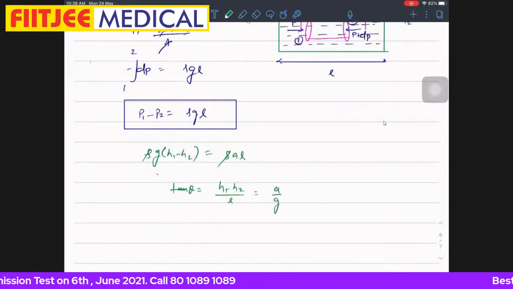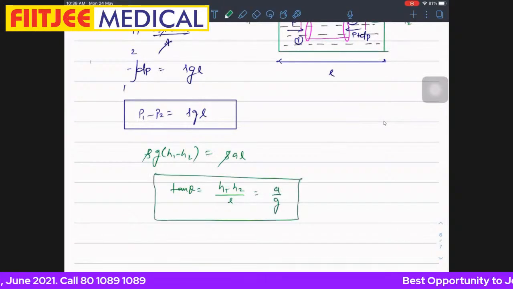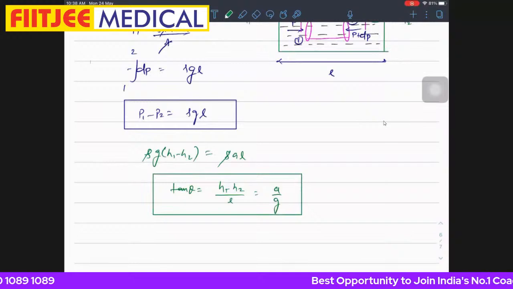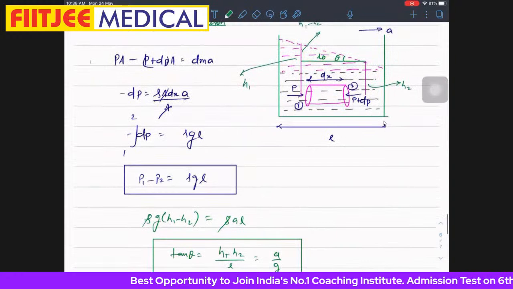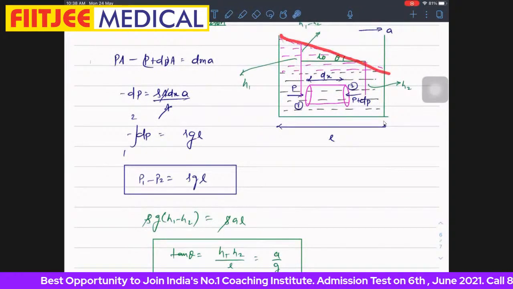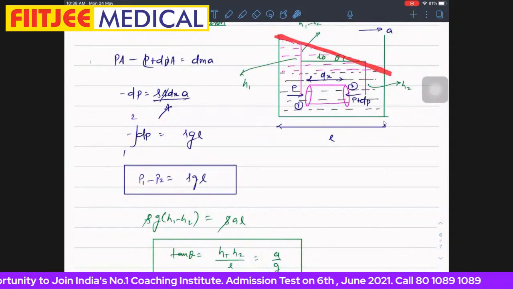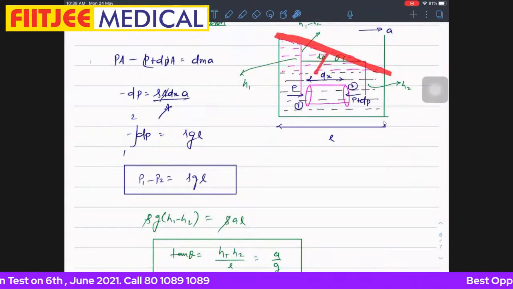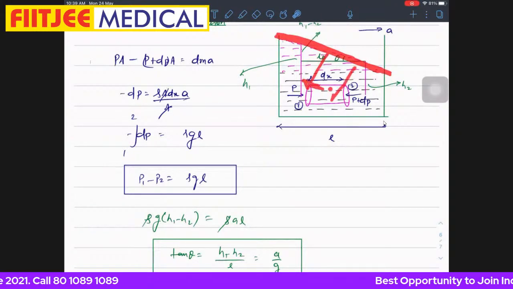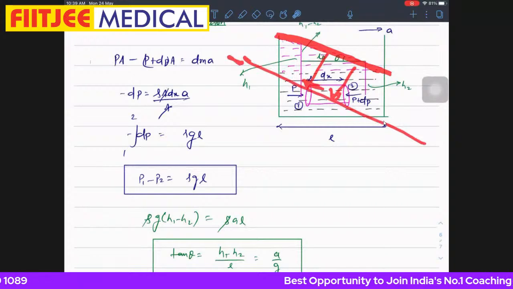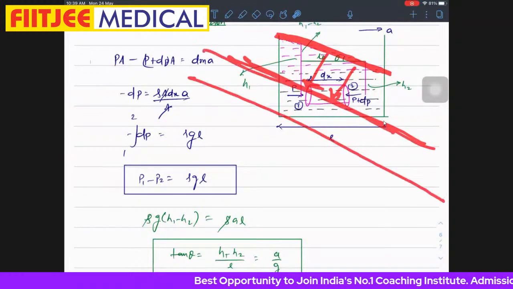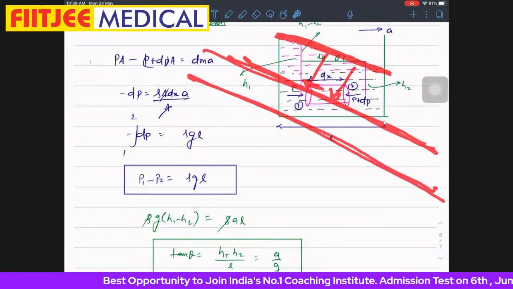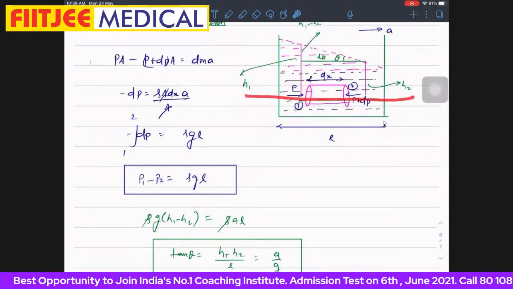So remember that when a platform is traveling in the horizontal direction with some acceleration A, the liquid will not remain horizontal, it will form an inclined surface. Remember that a liquid forms a free surface in such a manner that there won't be any pressure difference along the free surface. If you draw a free surface parallel here, then along this surface pressure would be the same. What we have seen is that in the horizontal direction there is no change in pressure.